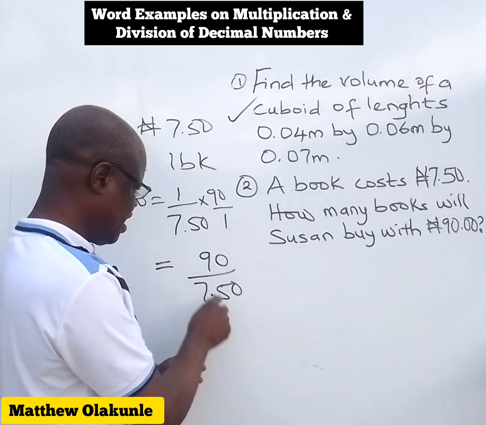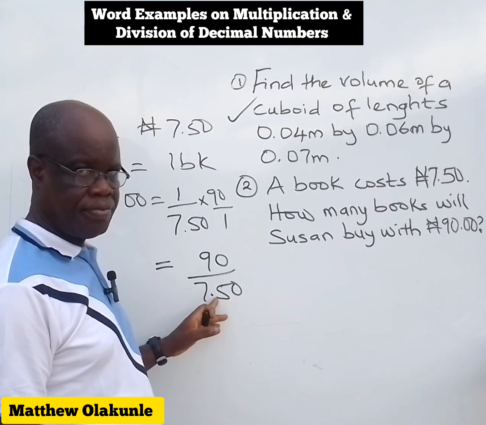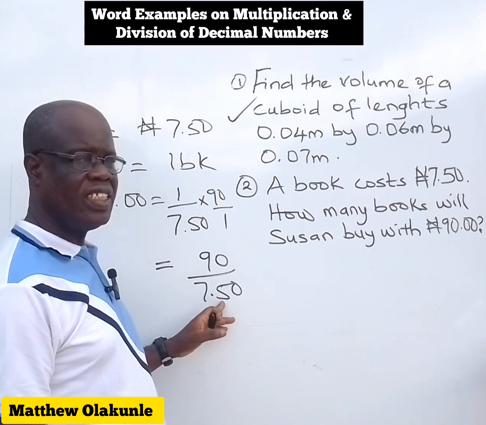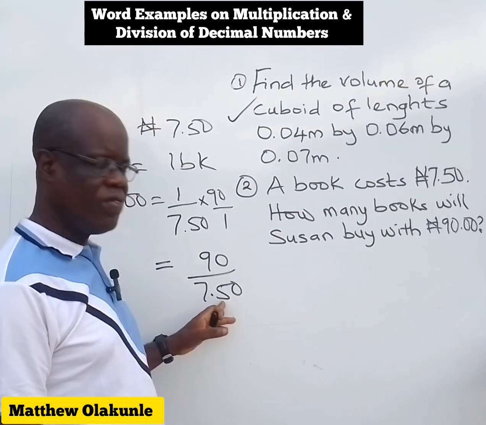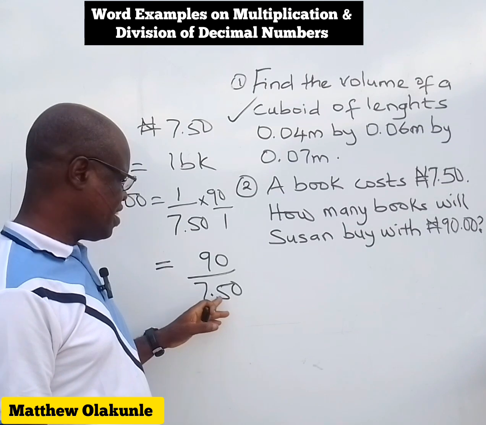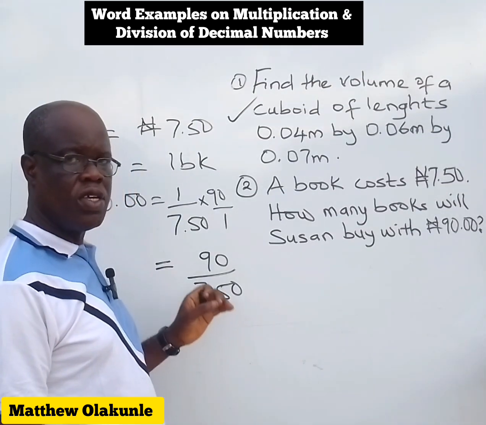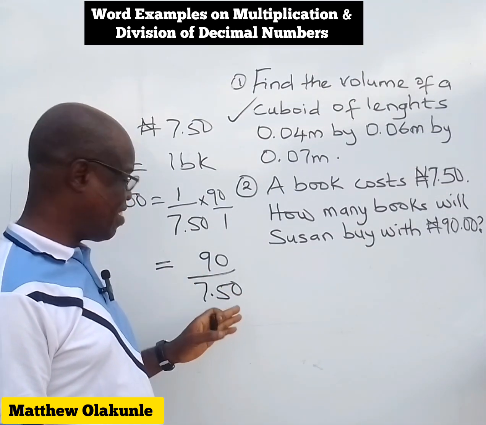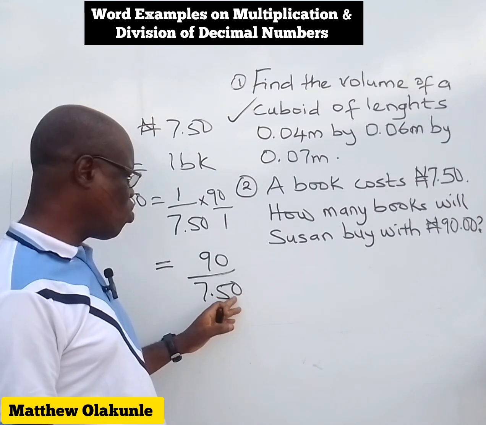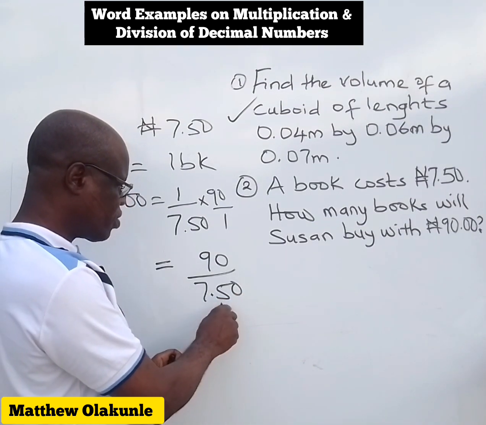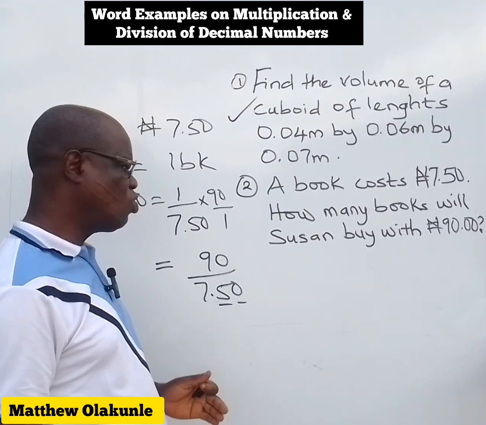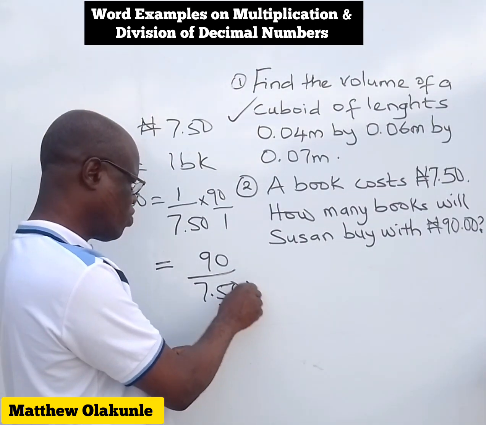Very simple. This is decimal. Always make sure that in a division of this kind, the denominator is made to be a whole number without decimal. Here you have decimal. So to make it a whole number, just shift this point 2 times. What will help you to do that is to multiply it by 100.